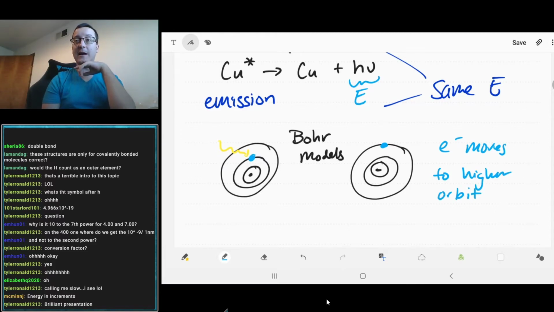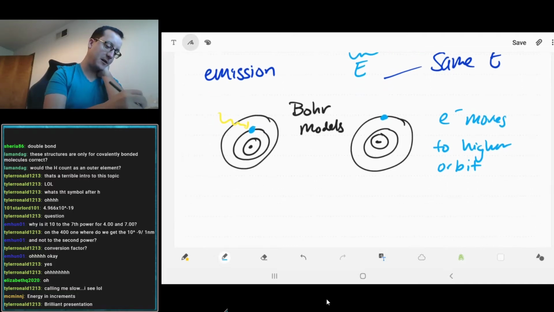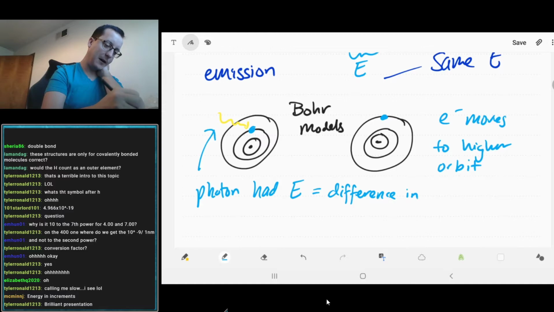And so that's going to have higher energy, right? We put in energy. Energy is never created or destroyed. So we're going to see that that photon had energy equal to the difference in the orbits.